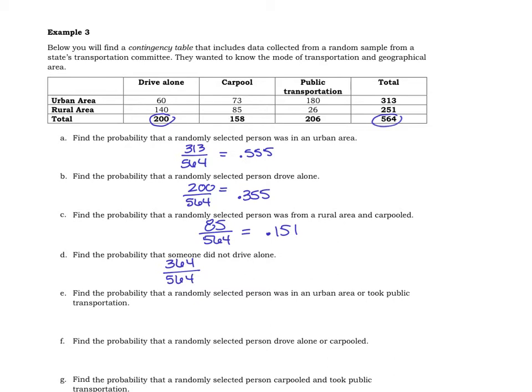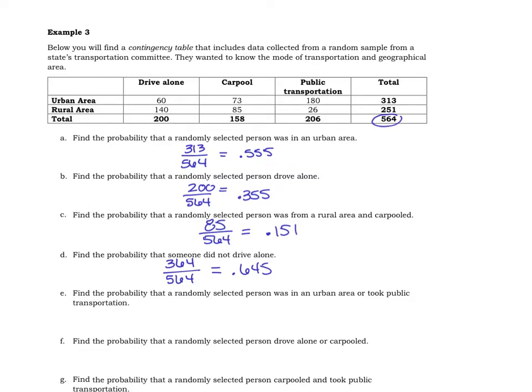The other way you could do that, depending on your preference, is you could certainly add up the carpoolers and those who took public transportation. You would end up with the same 364 people. Again, it's just a matter of preference. Okay. All right, moving on to E.